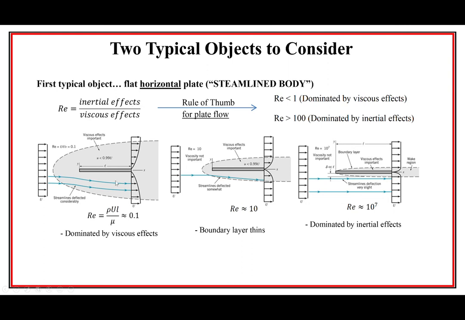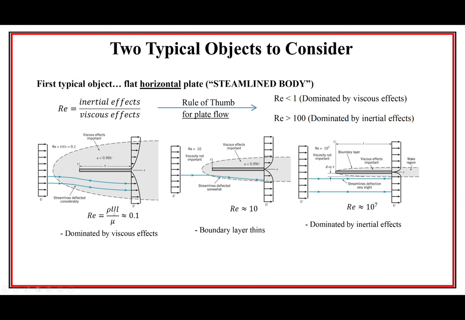And on the top, we have inertial forces, and you can see that we have density times velocity times a length, where density is like a mass, and mass times velocity is momentum. So we have those momentum-related forces on top, relating to inertia. On the bottom, we have viscosity, and those are really like shear forces, viscous forces.